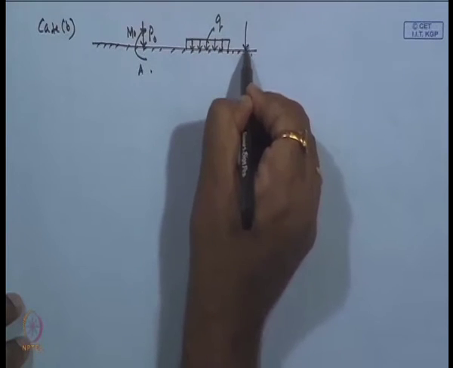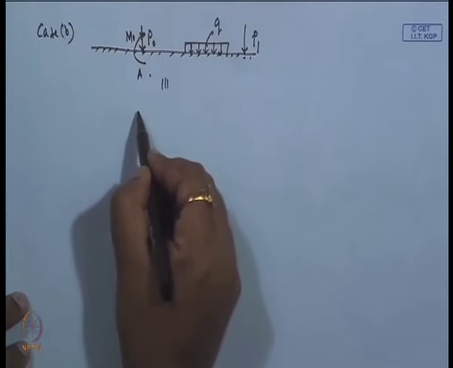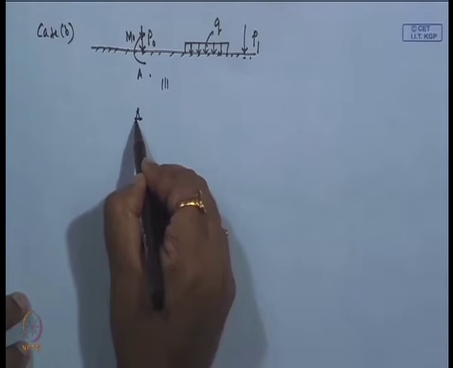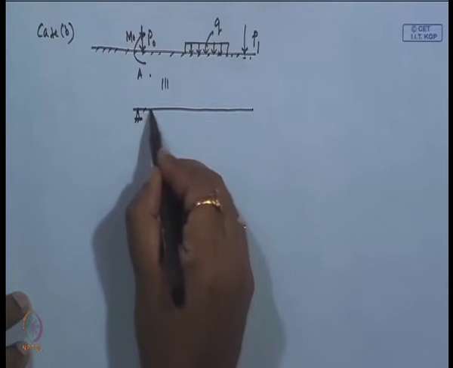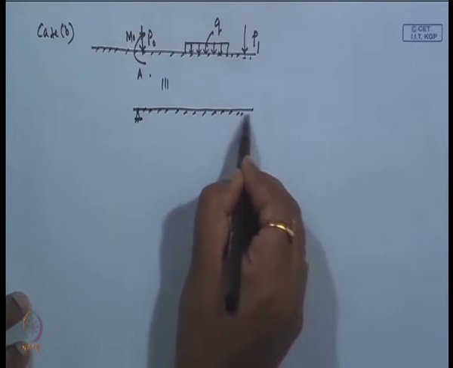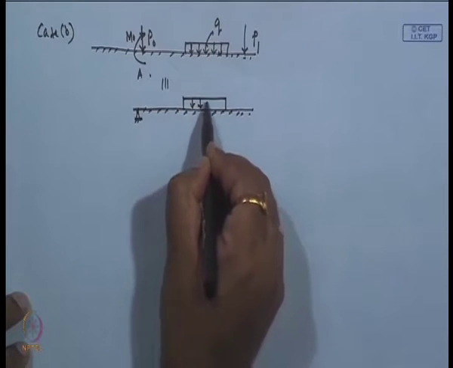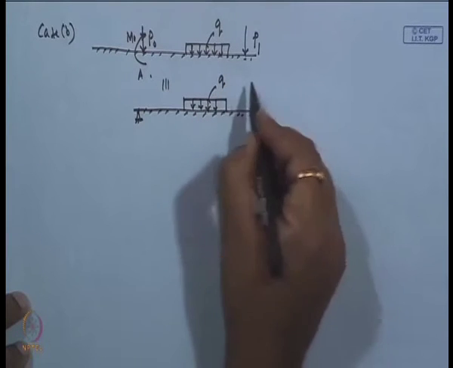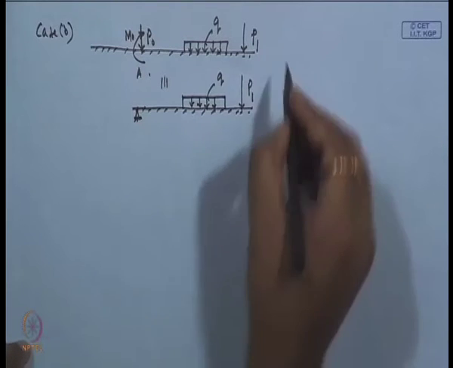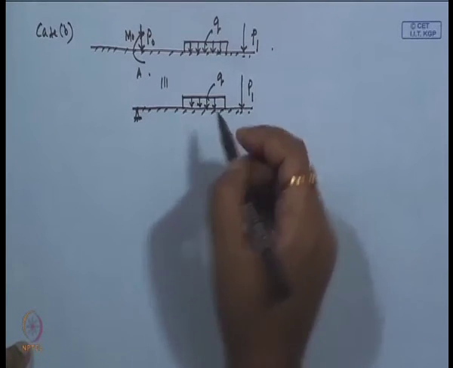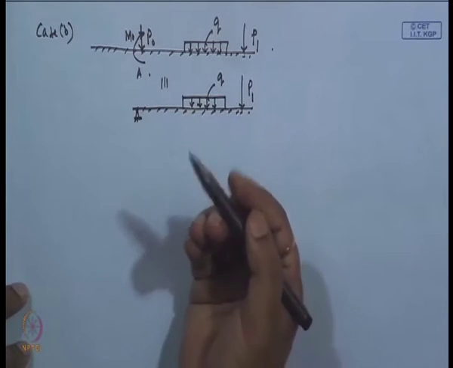This is q, p 1 is the load, and that is equivalent to a hinged beam with q and p 1, provided that this is a semi infinite beam and we applied P 0 and M 0 according to the calculation of case B.